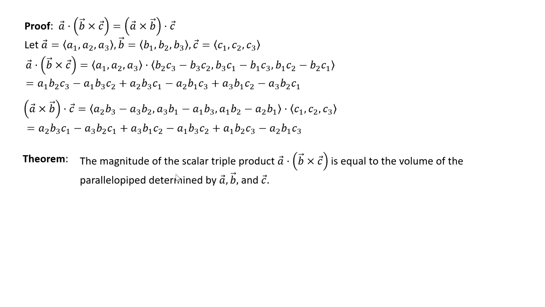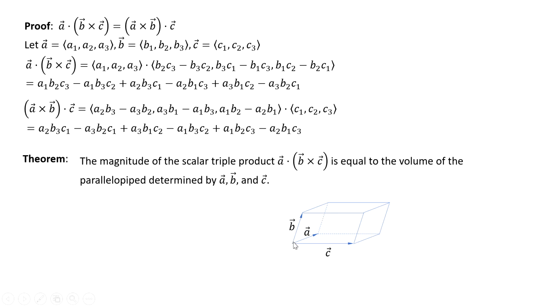Theorem. The magnitude of the scalar triple product. This is called the scalar triple product, A dot B cross C, which is what we just talked about. It is equal to the volume of the parallelepiped determined by A, B, and C. Parallelepiped? What the heck is that? This one.